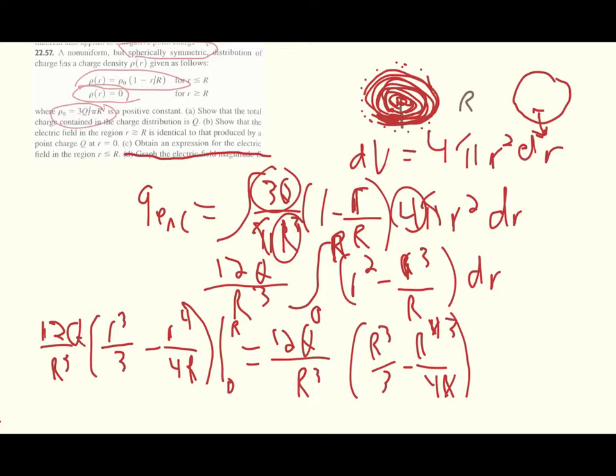If you subtract those, you get 12Q over R cubed times, 1/3 minus 1/4 is 1/12, so R cubed over 12. Well, those divide out, and those divide out. And all we have left is Q, just the charge itself. Woo! So it was right.